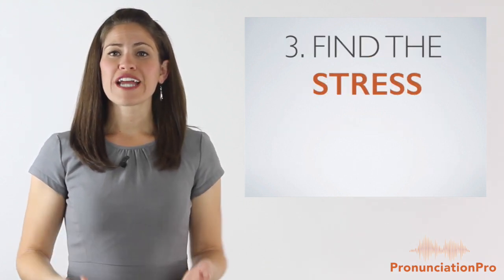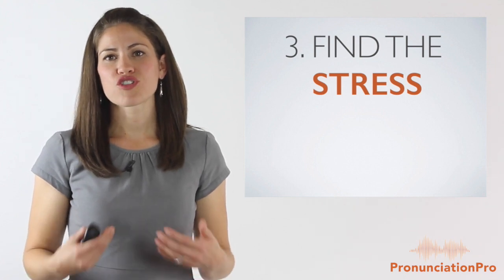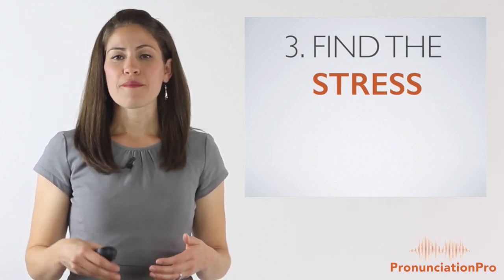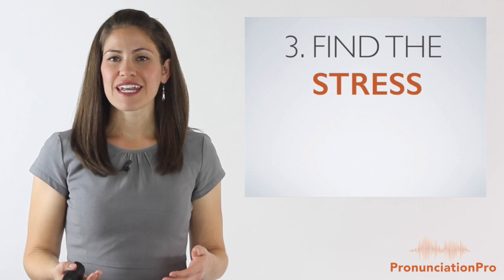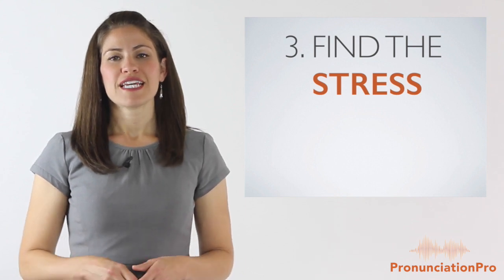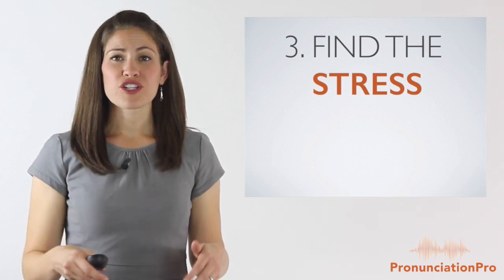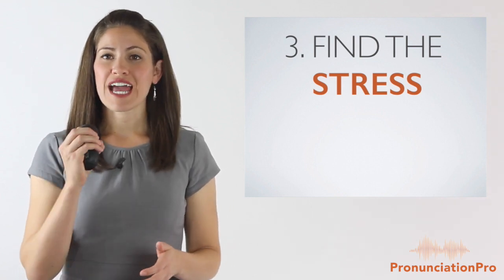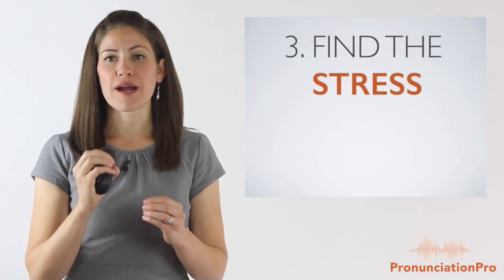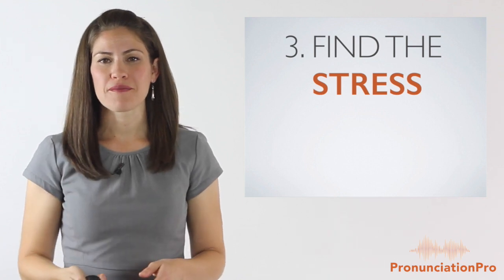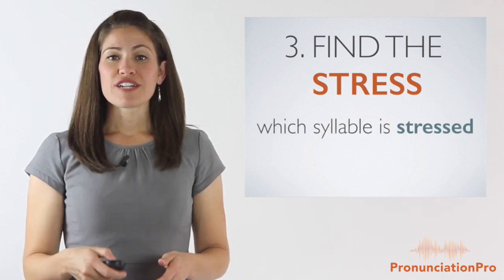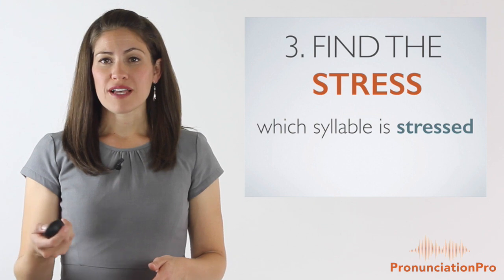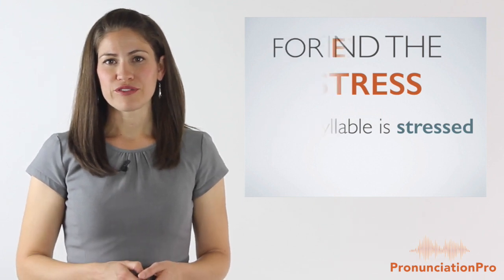Okay, next we're going to find the stress pattern, because the stress pattern in a word makes a big difference in how that word is pronounced. So we want to make sure that we're getting the correct stress. Again, dictionary.com usually has the stressed syllable bolded or highlighted in some way. So we need to find out which syllable is stressed in this problem word that you have.